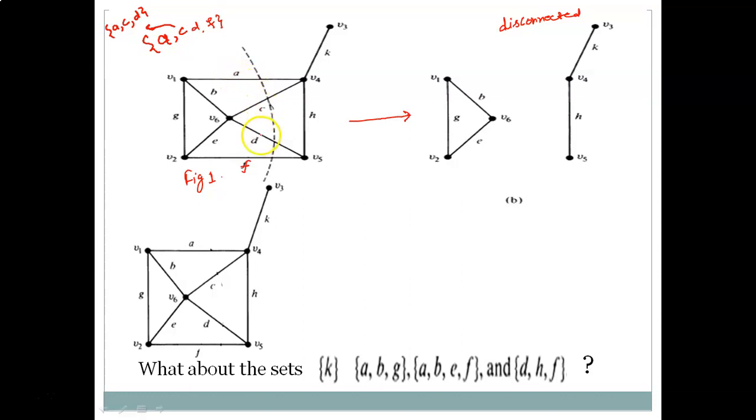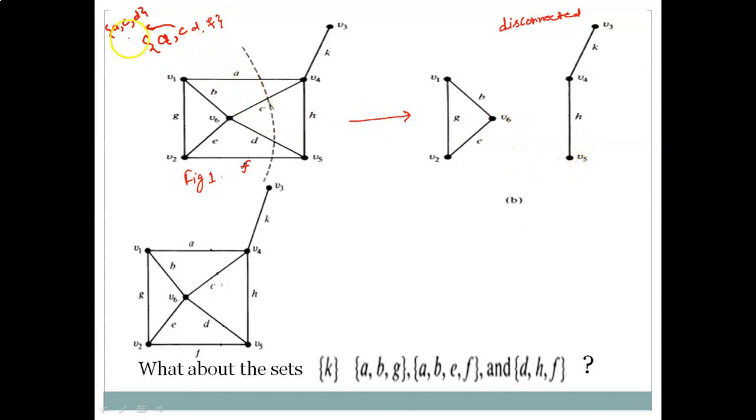If I remove A, C and D, the removal of these three edges will not make this graph disconnected, because in that case F will be the edge from v2 to v5, and in that way this graph will again be a connected graph.